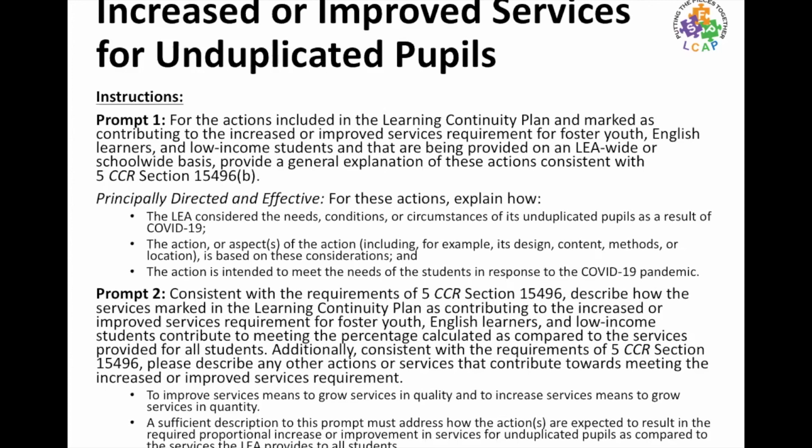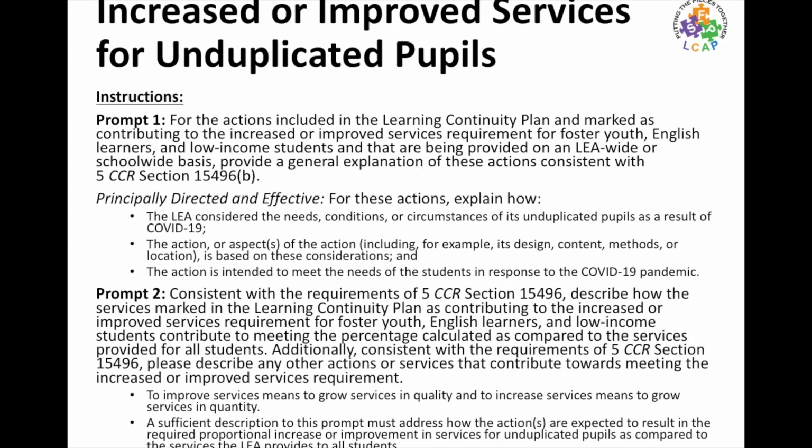The instructions for this prompt reference the spending regulations for the proportional increase in funding and specify how to explain actions being provided to an entire school or across an entire school district, how these actions are principally directed to and effective for the intended unduplicated student group.